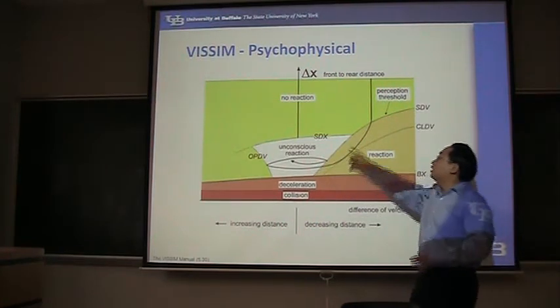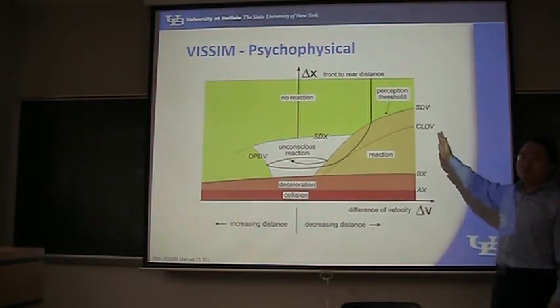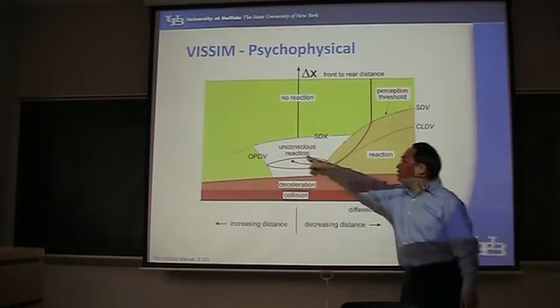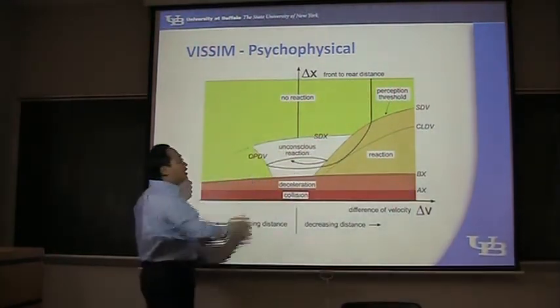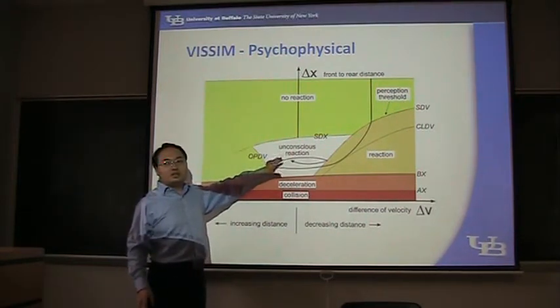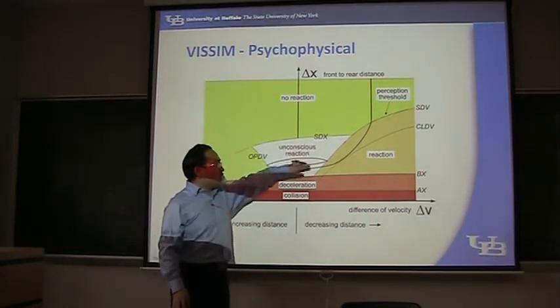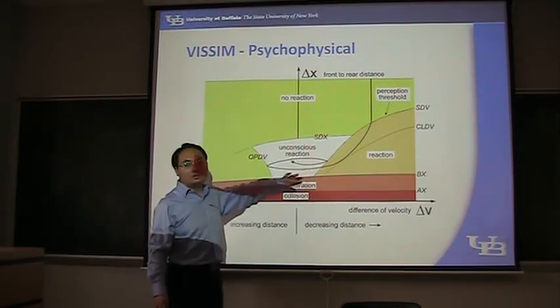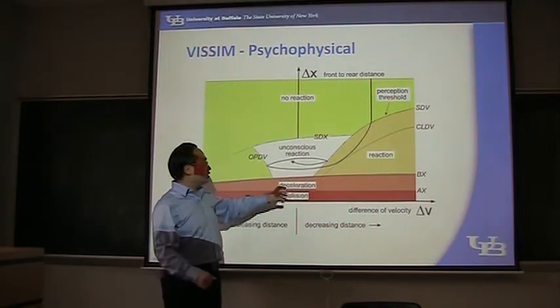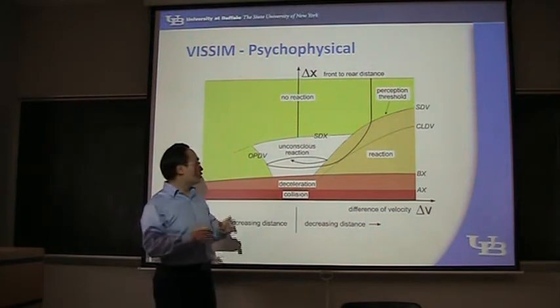That's why it's called a psychophysical model. In this region, the difference of velocity and the difference of distance cannot be detected by the driver, so the driver doesn't react to anything. It's reacting in an unconscious way.